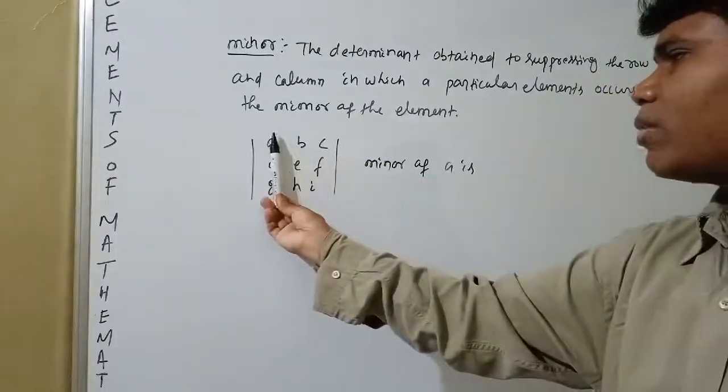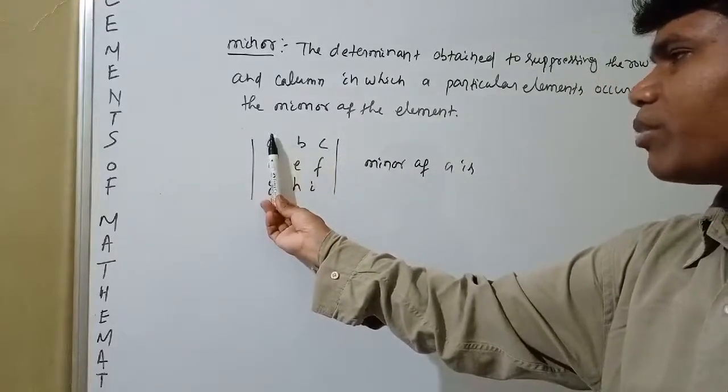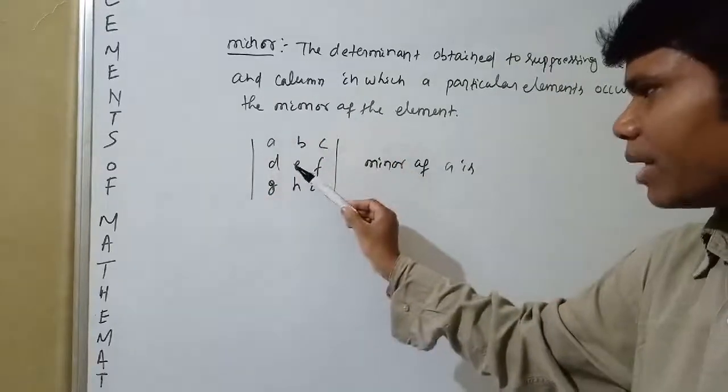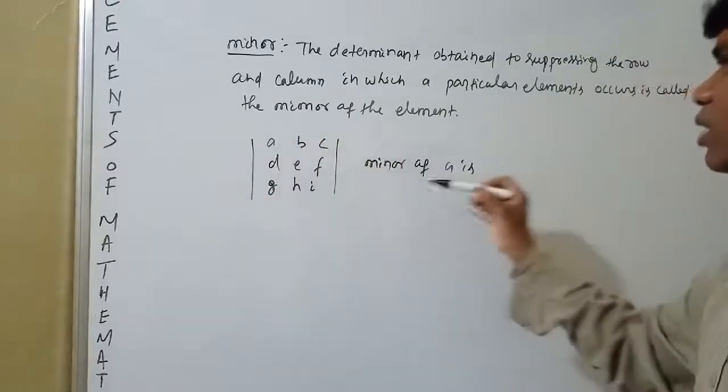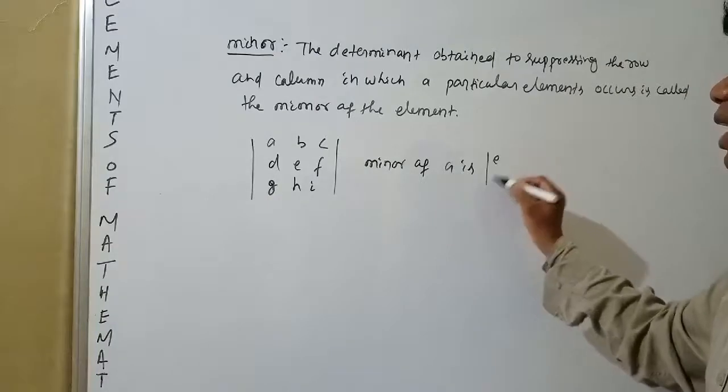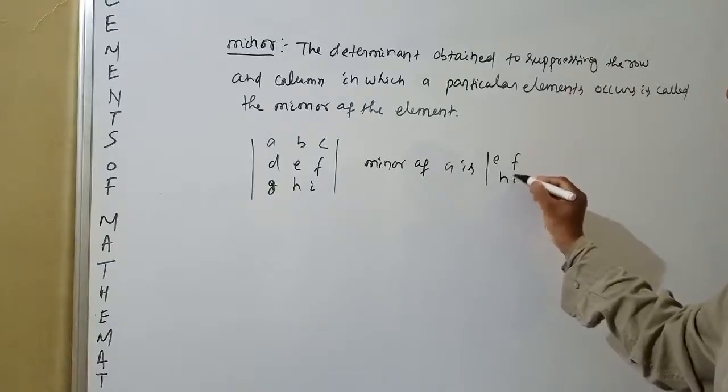The rest of the elements are E, F, H, I. So the minor of A is the determinant of E, F, H, I. Understood my point?